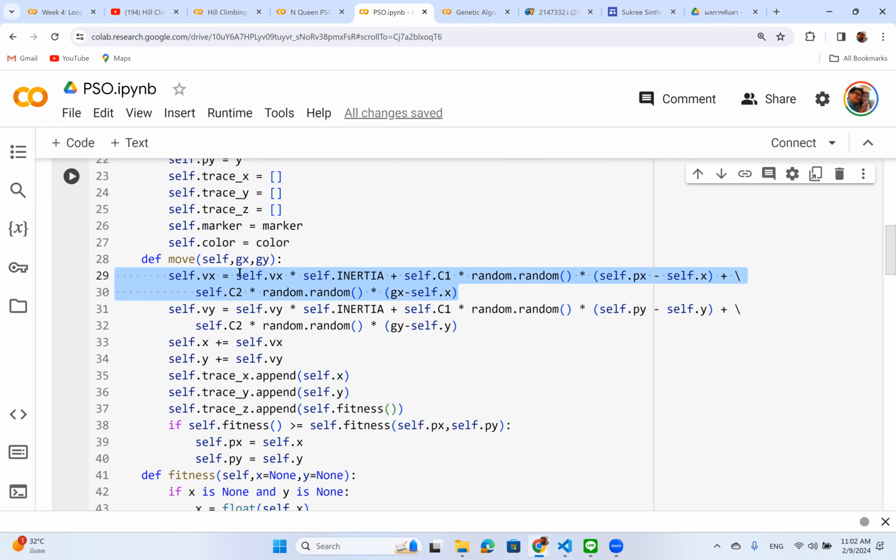The new v can be calculated using the v from last iteration times omega, plus c1 times random times p minus x, and then plus c2 times random times gx minus x. Okay, so this is the same as in our equation.